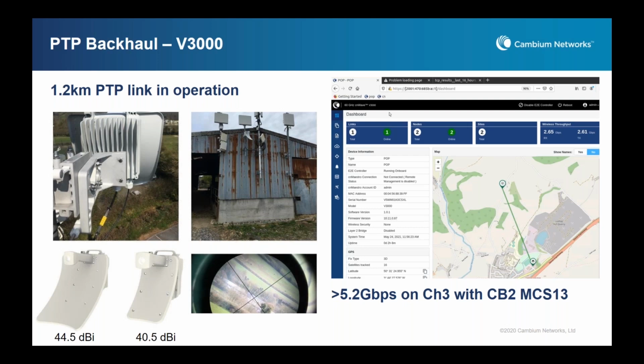Because we're channel bonding at a low modulation mode, you should be able to get a greater range. Without rain, you can still get a gigabit per second at around about 5 kilometers.